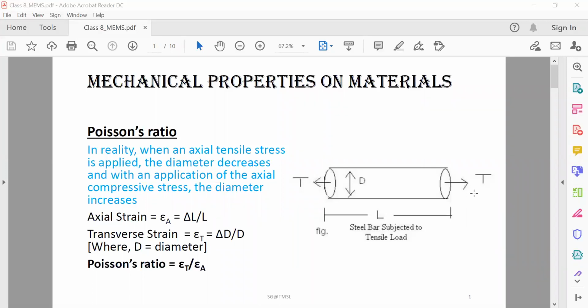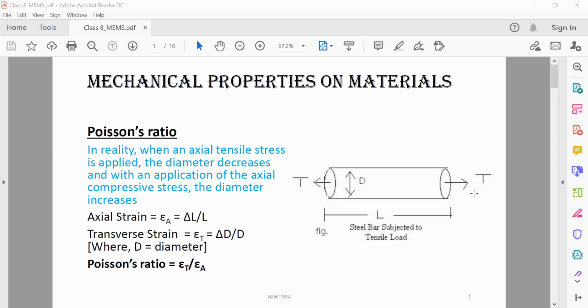If you elongate a body, the diameter does not stay the same. So the diameter decreases if you apply tensile strain, and the diameter increases if you apply compressive stress.